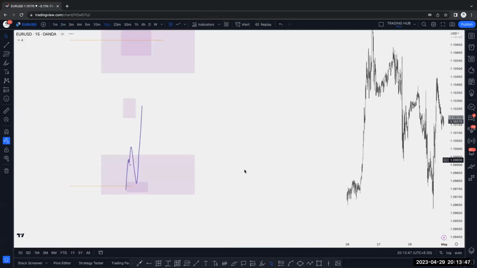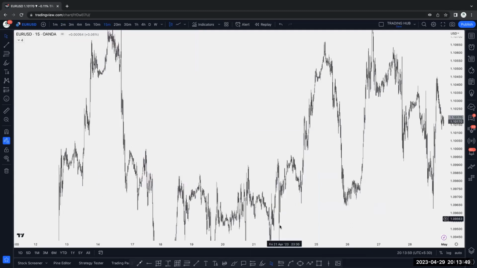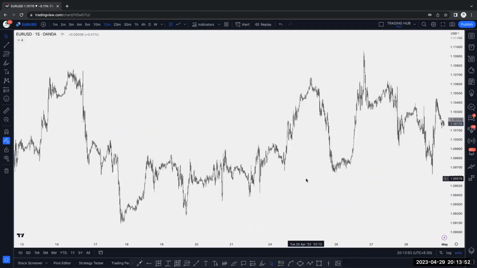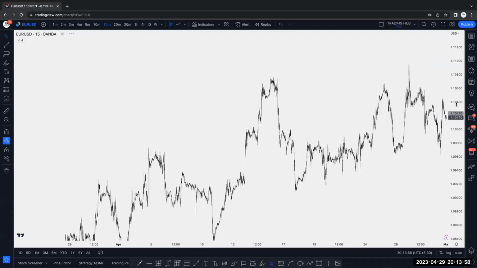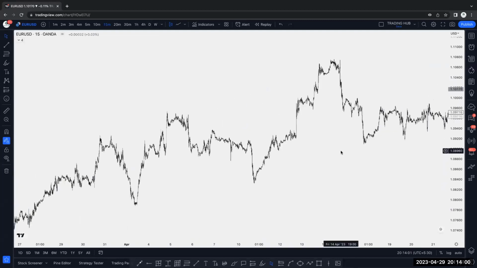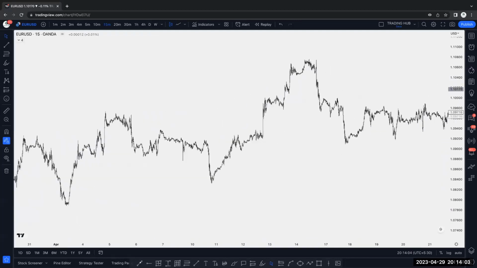All right. So first of all, you have to switch here from a higher time frame to a lower time frame. So let's start. Which part do you want to backtest, everyone? Let's do random.